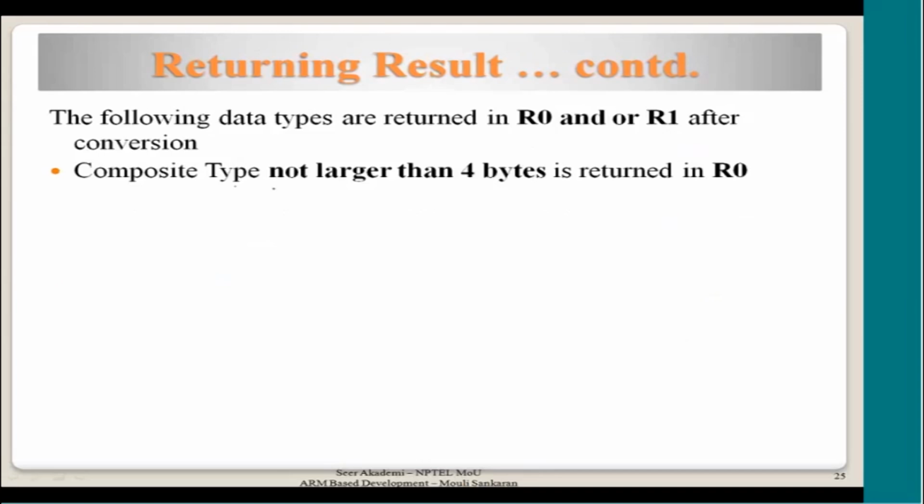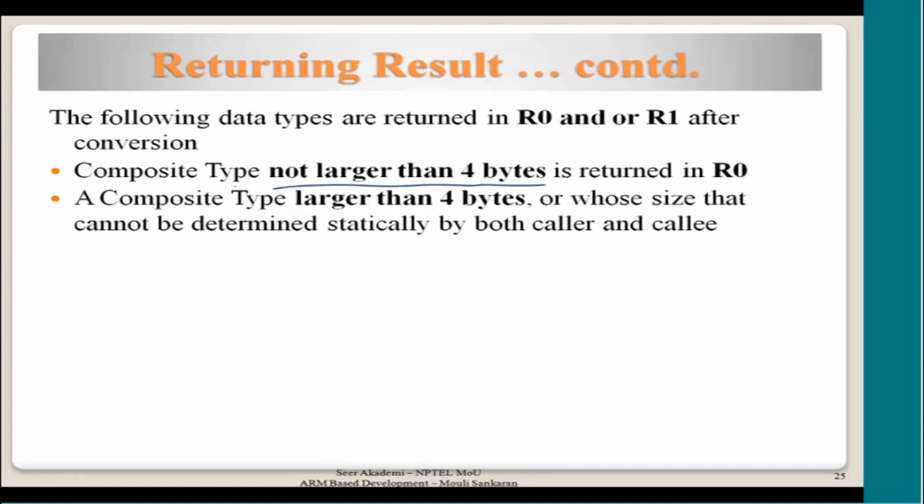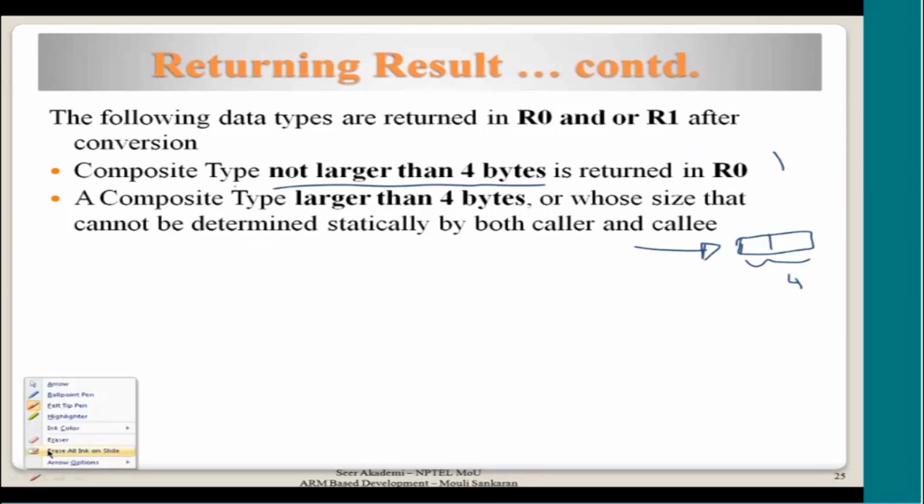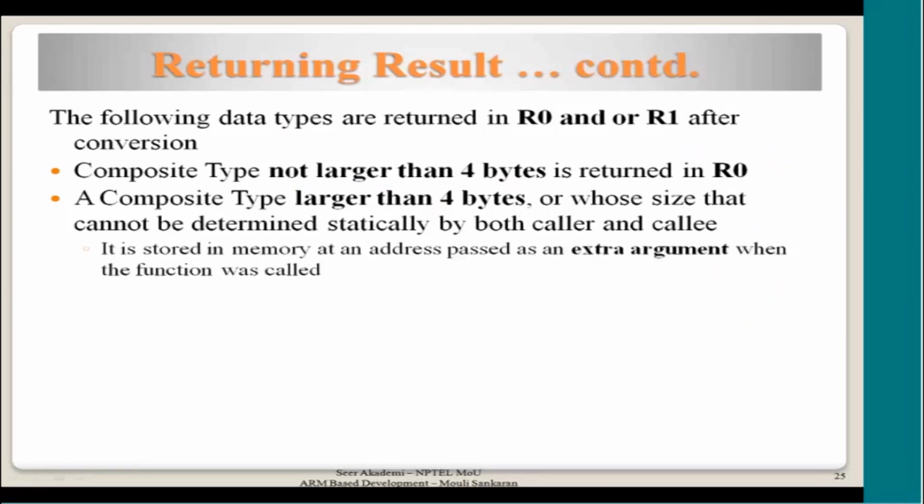And then a composite type not larger than 4 bytes is returned in R0. Composite type means it could be a structure or any kinds of data types, but not exceeding 4 bytes. It will be put into R0, but it needs to be interpreted accordingly by the compiler or the called routine, and there should be some understanding between the caller and the callee.